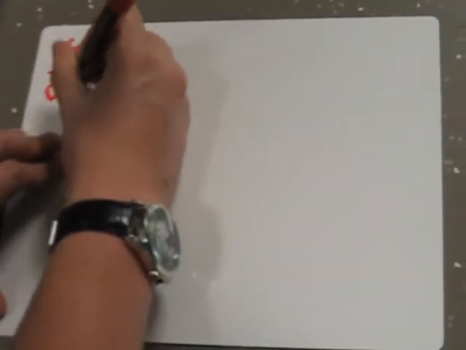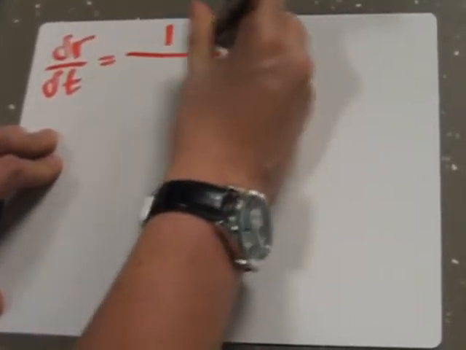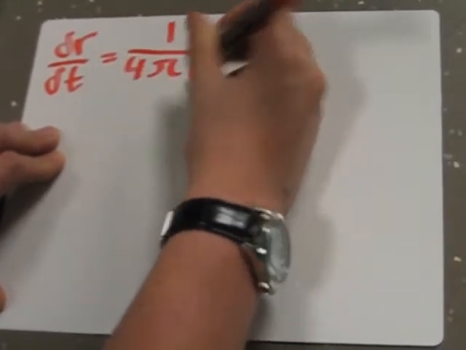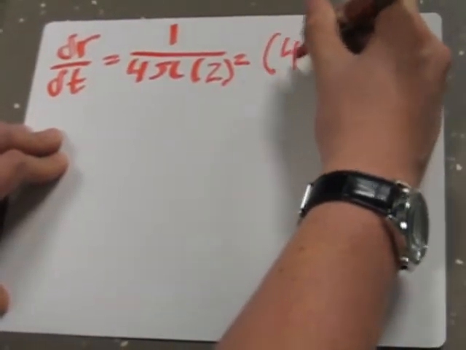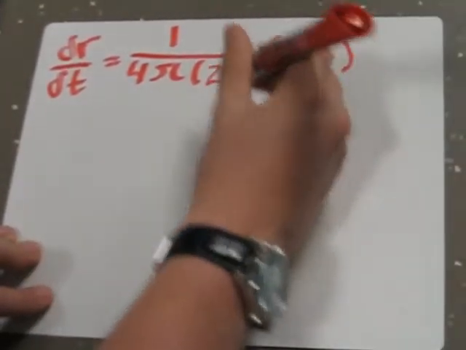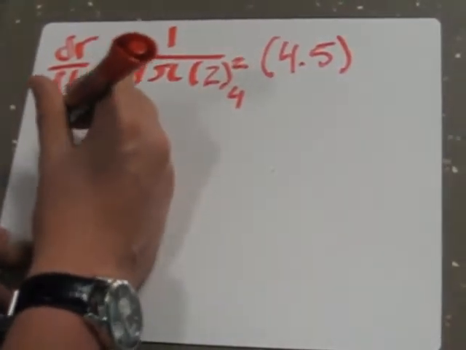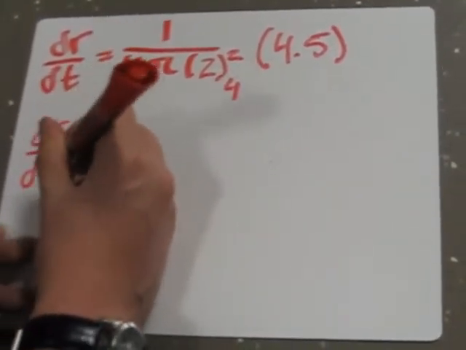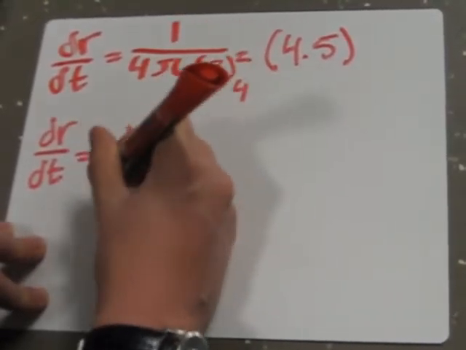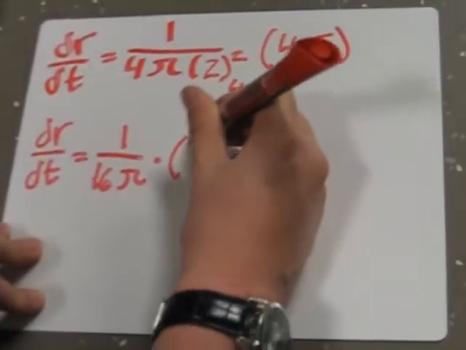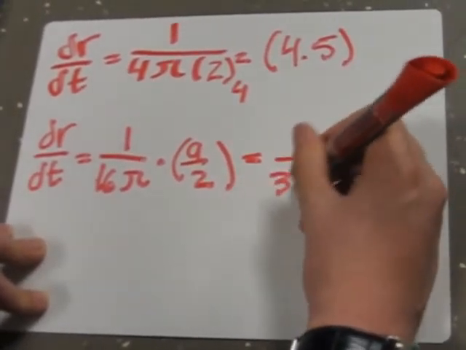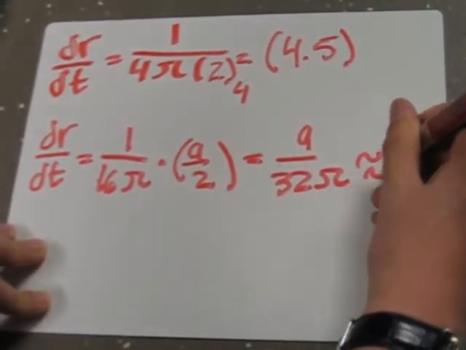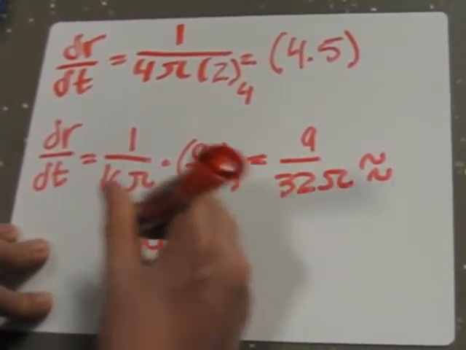Alright, so you have dr over dt is equal to 1 over 4 pi times 2 squared, times 4.5. 2 squared is 4, so you have dr over dt is equal to 1 over 16 pi times 9 over 2, which equals 9 over 32 pi, which is approximately equal to 0.09.